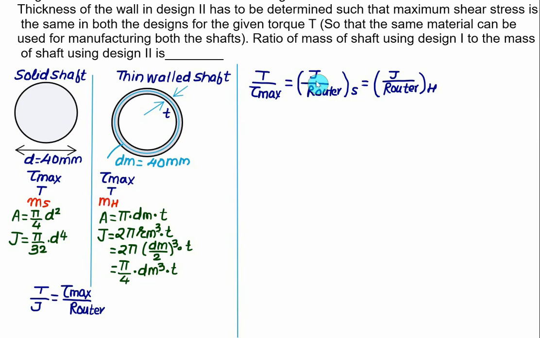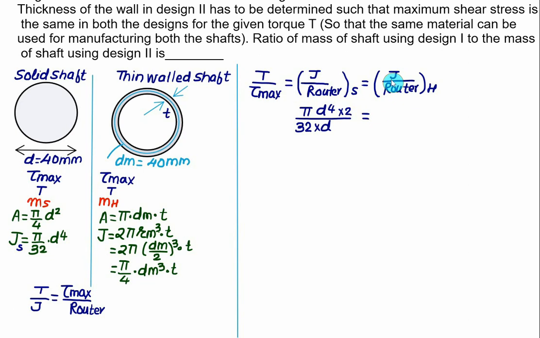Now J, we have to substitute. For solid, J is equal to pi by 32 d to the power 4. So we have pi divided by 32 into d to the power 4, and R outer is d divided by 2, so that 2 will shift to the numerator.